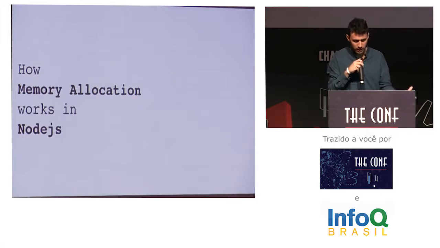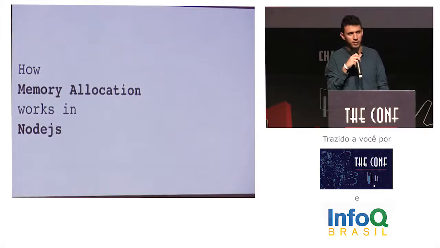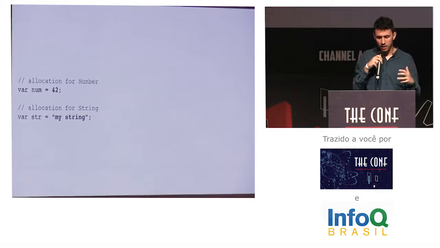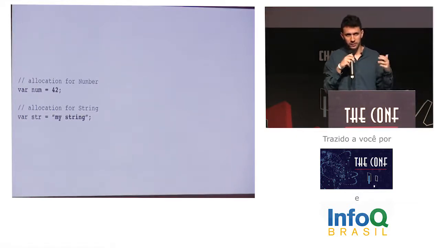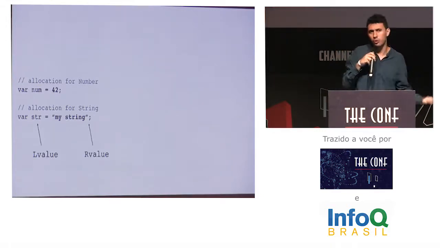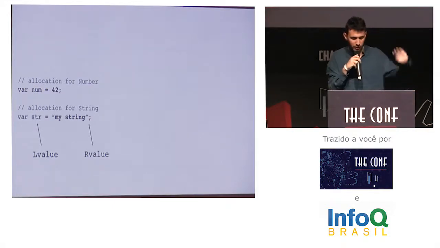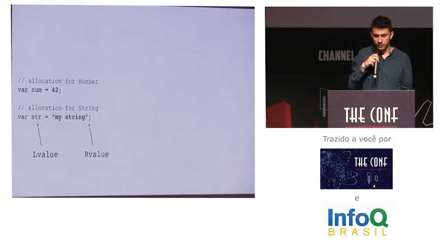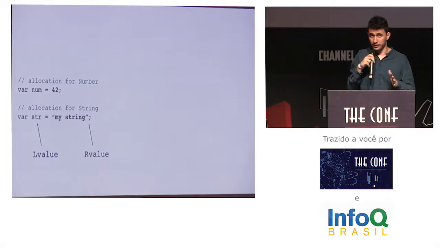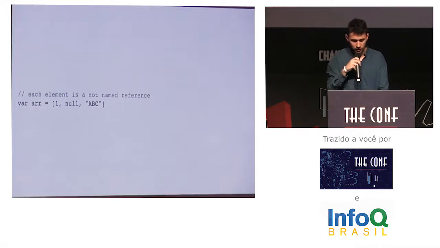So how does memory allocation work in Node.js? Okay, let's go to practical samples. I've been saying a lot of theory here, but here's our allocation for two cases: a number and a string. Worth mentioning, for those who know about compilers and like compilers, yay, compilers are very cool: values are separated into L-values and R-values.